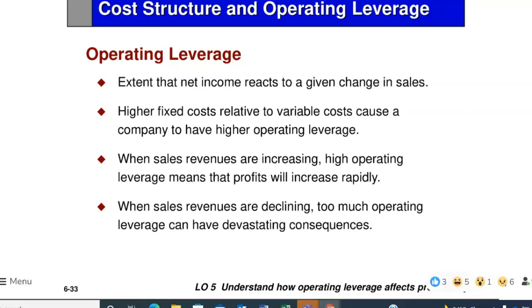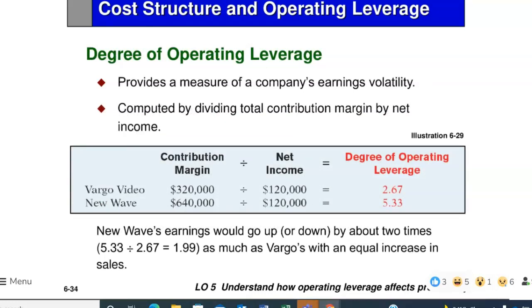But the opposite happens when sales are decreasing. When sales revenues are declining, too much leverage can have a devastating consequence on the operations of a company. That's why management pays so much attention to the percentage of variable costs to fixed costs. This is called the degree of operating leverage.